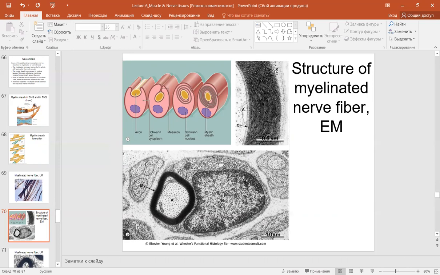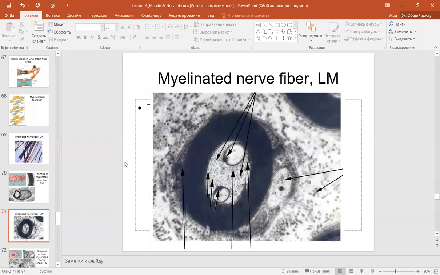This is remnants of the cytoplasm of the Schwann cell. Here you have the myelin sheath, the Schwann cell cytoplasm and nucleus, and the axon surrounded with this myelin sheath. This is surrounded only with mesaxon. These are non-myelinated nerve fibers surrounded with cytoplasm of the Schwann cell.